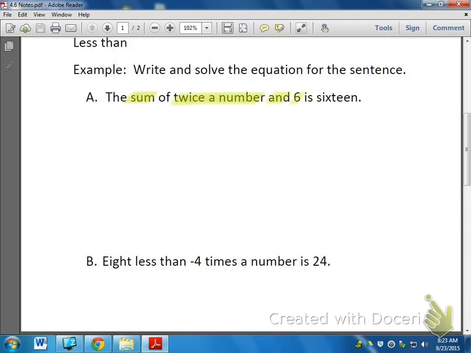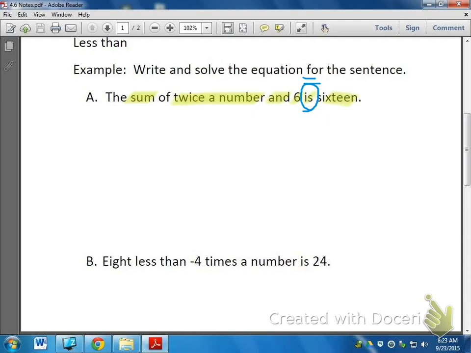The sum of twice a number and 6 is 16. I highlighted the whole thing, but what does is stand for? What should we put in place of is, Trayton? Multiply. Not multiply. That's of. Sometimes of, but is isn't multiply. Cece, what is it? Equals. Is usually stands for the equals.